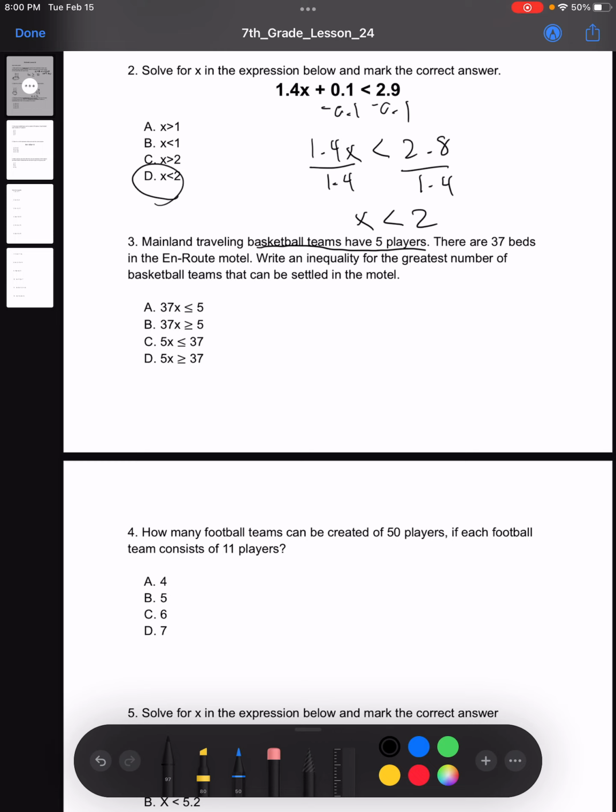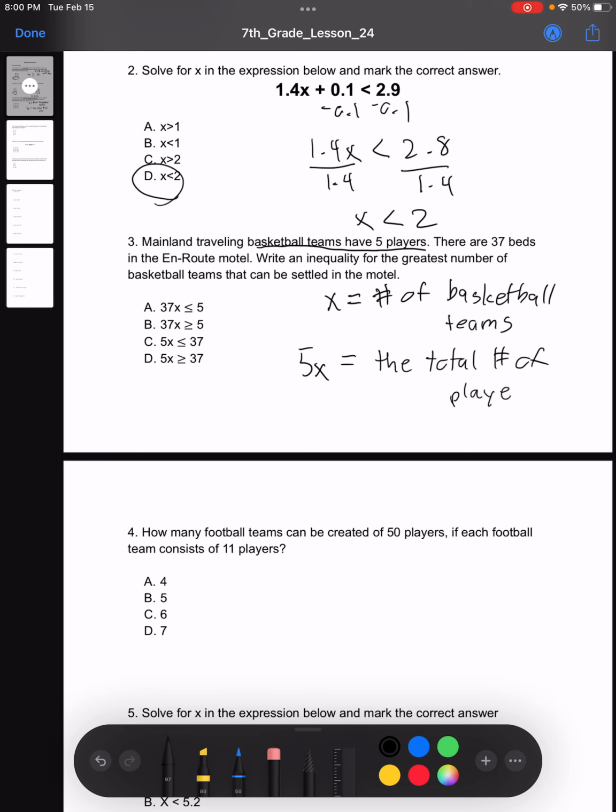So let's say x is equal to the number of basketball teams. This means that 5x would represent the total number of players, because we're taking the number of basketball teams and multiplying it by 5 players, since all basketball teams have 5 players.